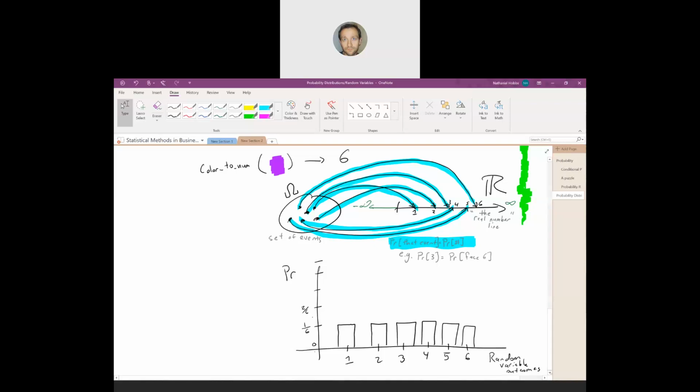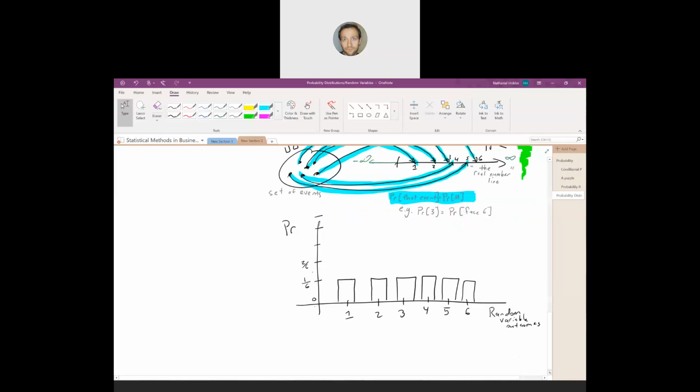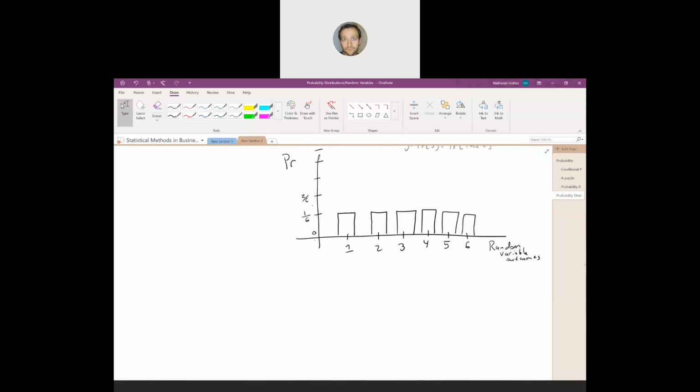One of the really important things about why people care about this idea of a random variable is because you can do math with numbers. You can do different kinds of math.